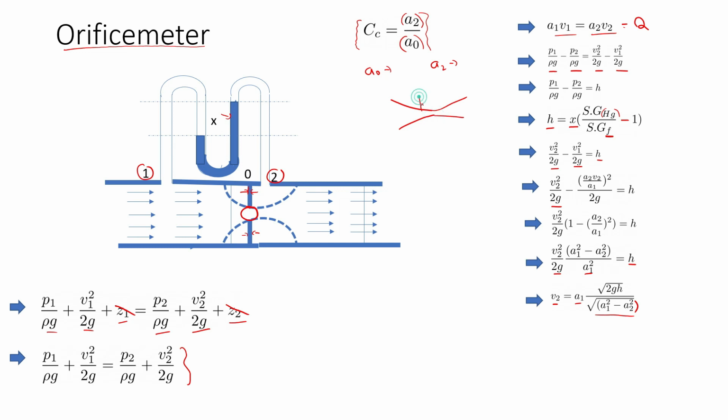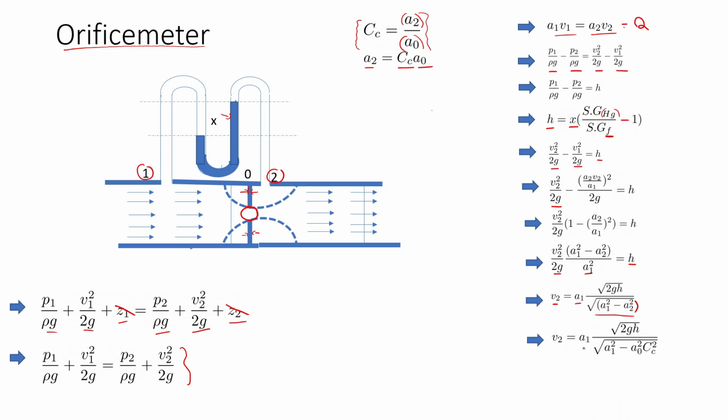So this will be the plate. This narrow portion is called the vena contracta, the small narrow area. So you can get A2, the area at the vena contracta, is equal to the coefficient of contraction Cc into A0.